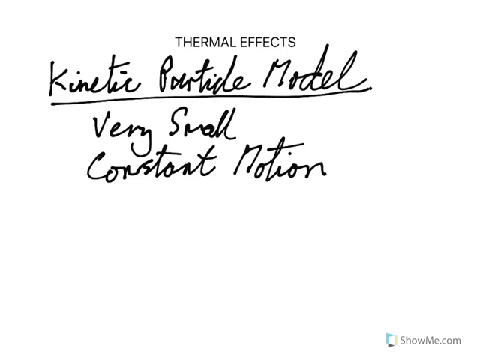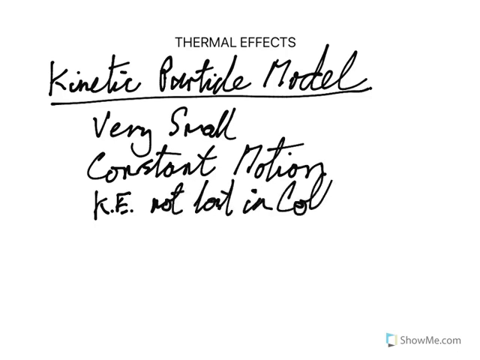That kinetic energy is not lost in collisions between those particles. That won't mean much to you now at this point, but just suffice to say that energy doesn't disappear.